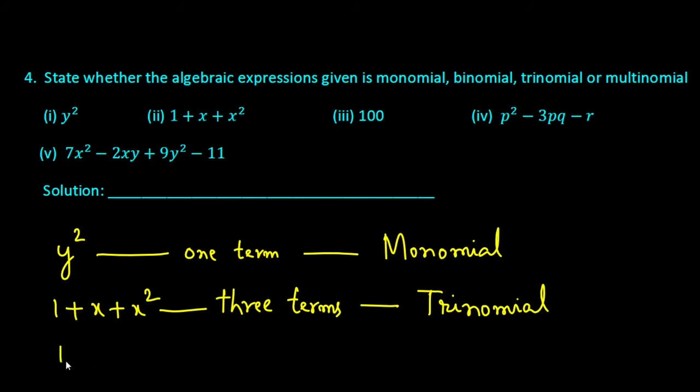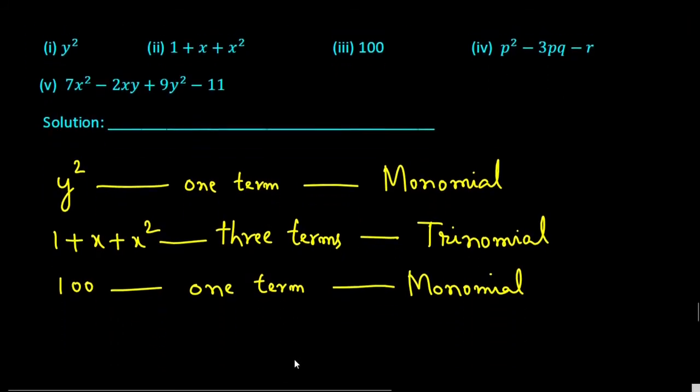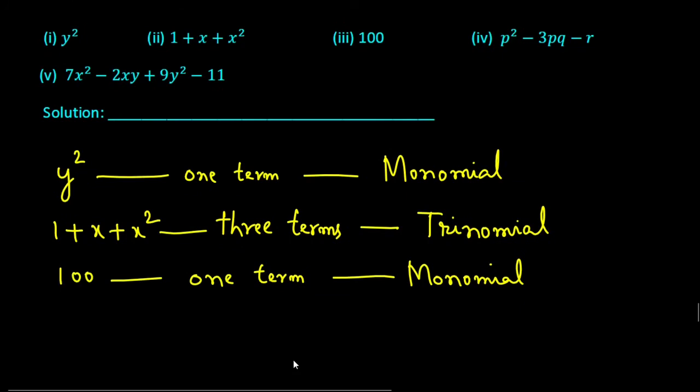Third one, 100, a constant. This is one term. So this is a monomial. Fourth one, p square minus 3pq minus r.